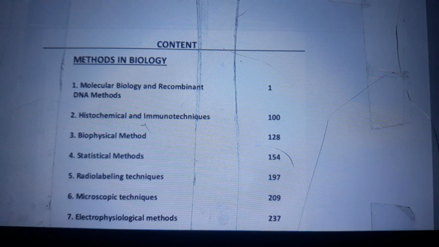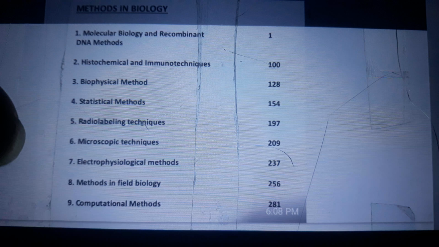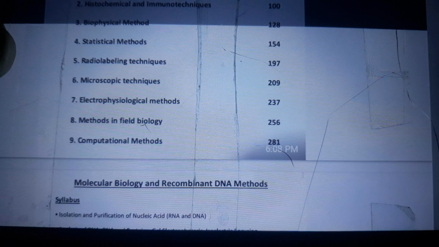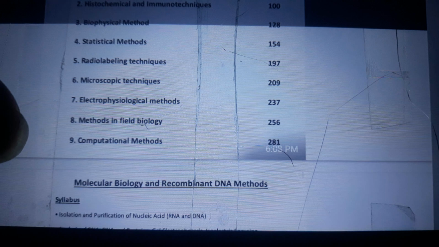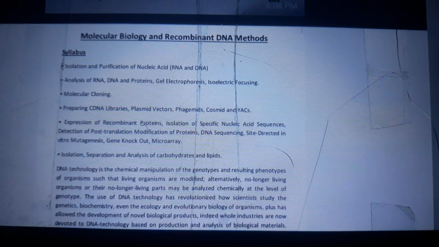Molecular biology and recombinant DNA methods, histochemical and immunotechniques, biophysical methods, statistical methods, radiolabeling techniques, microscopic techniques, electrophysiological methods, methods in field biology, and computational methods. Okay, starting out with molecular biology and recombinant DNA methods.